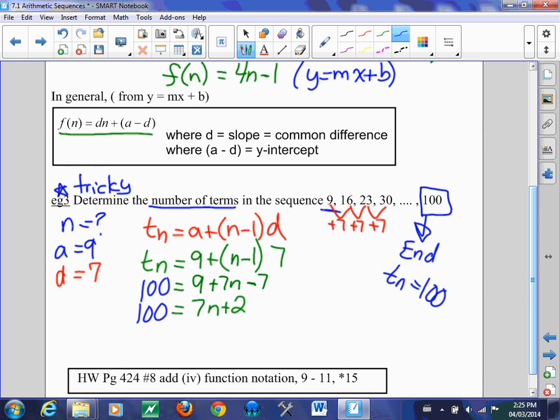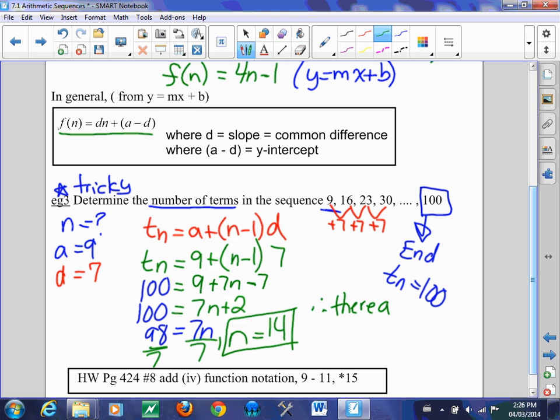Bringing the 2 over, you have 98 equals 7n. To get n by itself, divide both sides by 7, so n equals 14. Therefore, there are 14 terms.